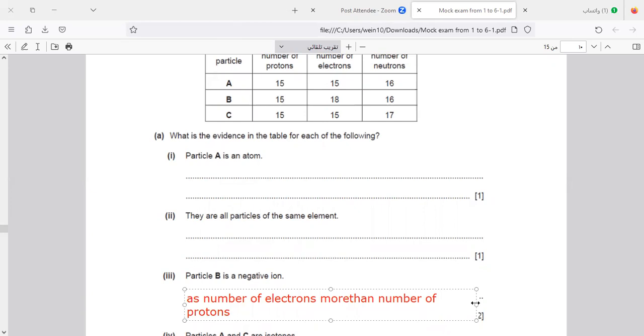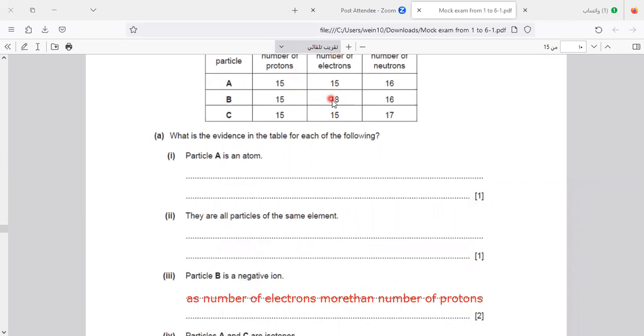Someone will say, what if I say because the number of protons is less? Okay, I agree with you. Maybe in this exam series you will not get a mark, because sometimes some examiners need a specific answer. He said here negative ion, so start with electrons because the number of electrons is more than the number of protons.